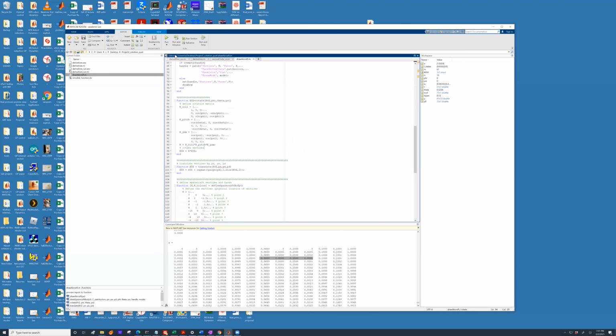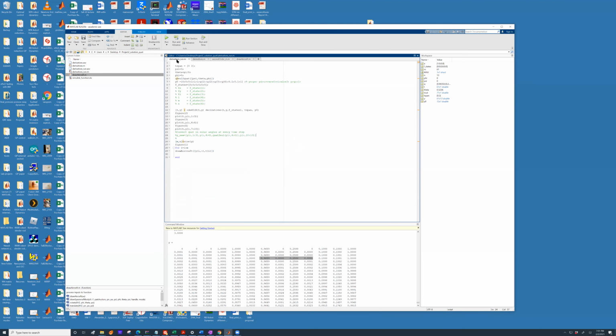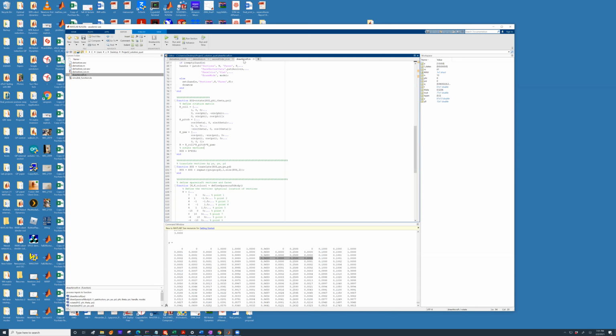So there are two ways to perform the animation. Since quaternion is a 4-dimensional concept, but our animation is in 3 dimensions, we somehow need to convert that 4-dimensional information in 3 dimensions for plotting. That can be done either at the derivatives run level, or that can be done at the draw aircraft level.